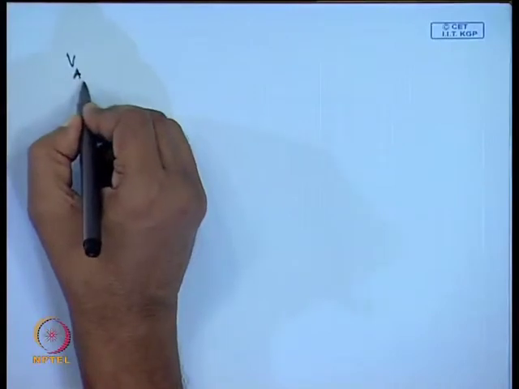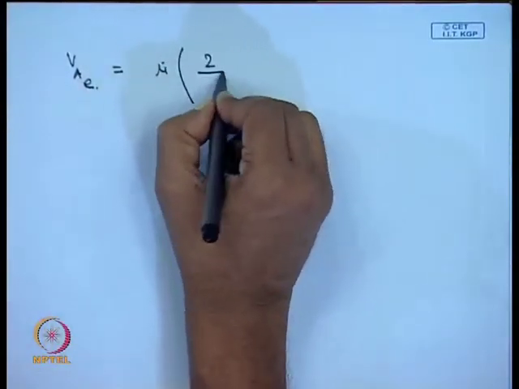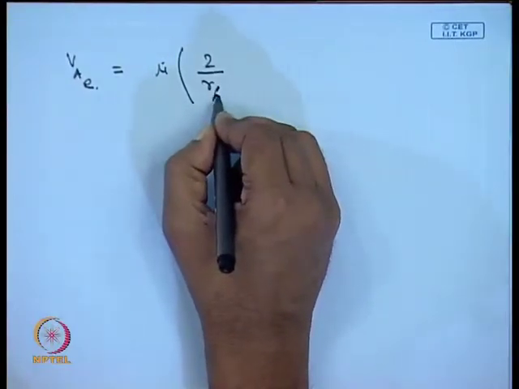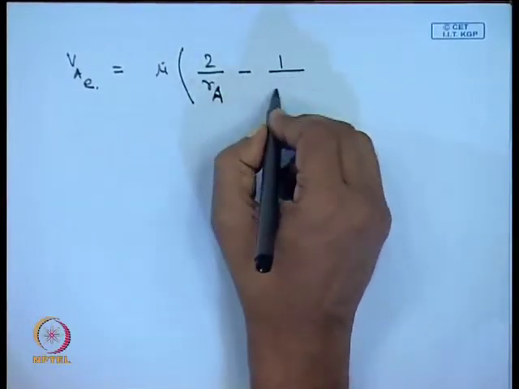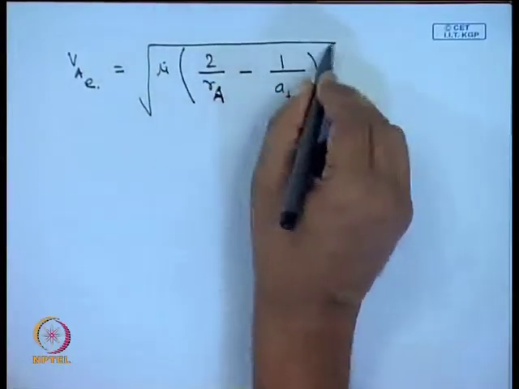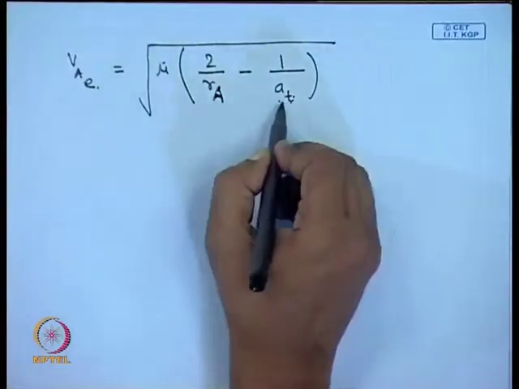Now, we need to send this into the elliptic orbit. Okay. So, for that V A in the elliptic orbit can be written as under root of mu times 2 by r A minus 1 by A, the semi major axis of the transfer orbit, which is the elliptic orbit.